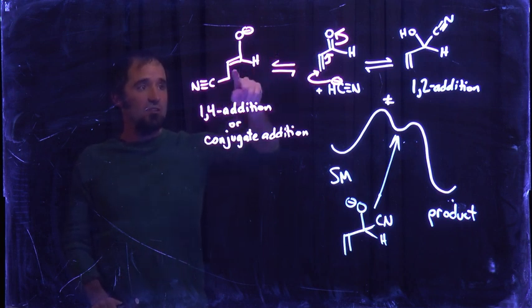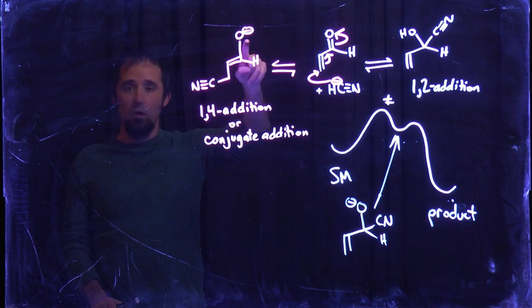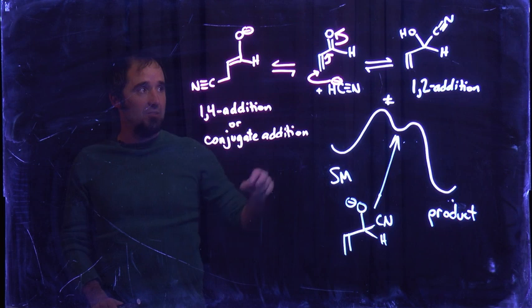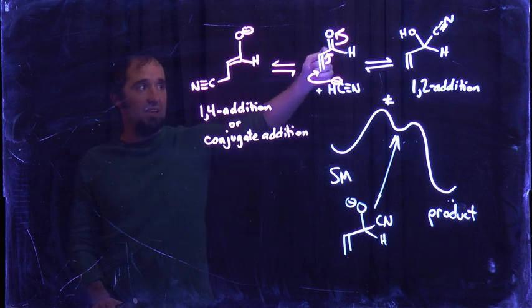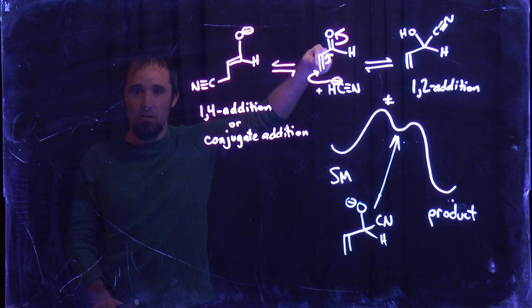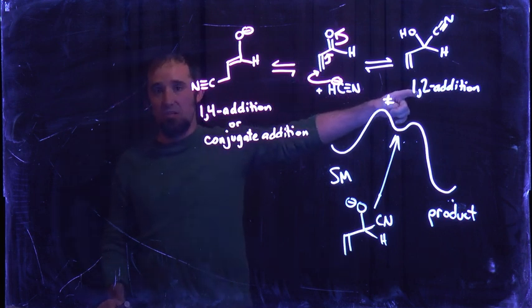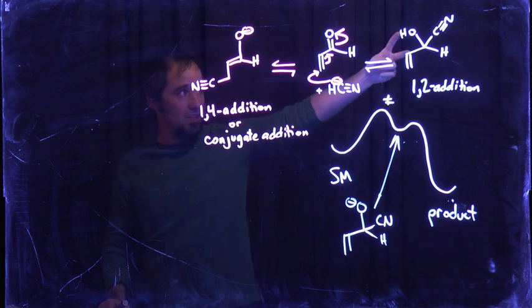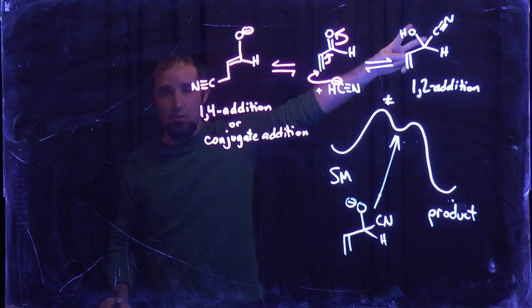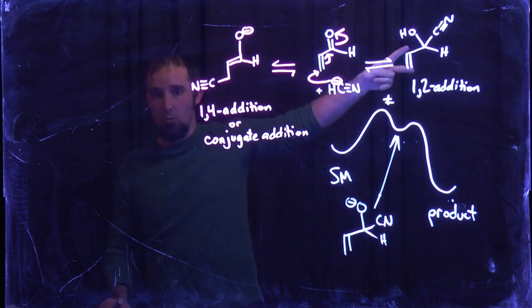We push those electrons up, now the double bond is here, and we end up with an O- right here. This is called 1,4 addition because we're using all 4 atoms in our chain, 1, 2, 3, 4, conjugated atoms here, as opposed to 1,2 addition, the last thing that we did, where we're really only using 1, 2 atoms, and 3 and 4 don't play a role.